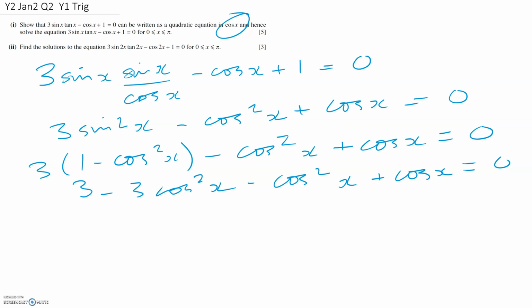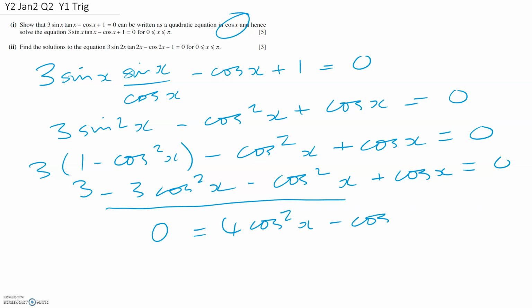If we move everything to the right hand side, we will get 4 cos squared x minus cos x minus 3.